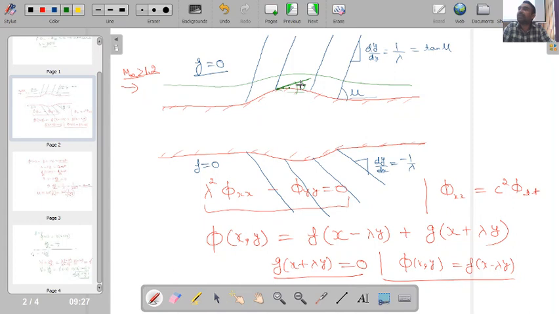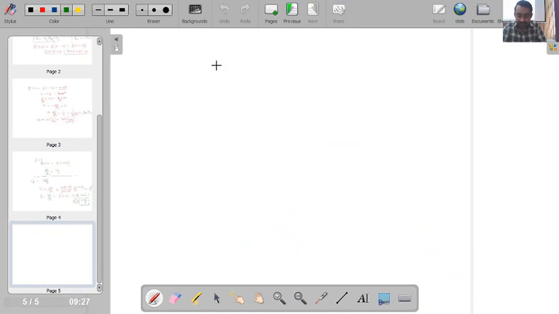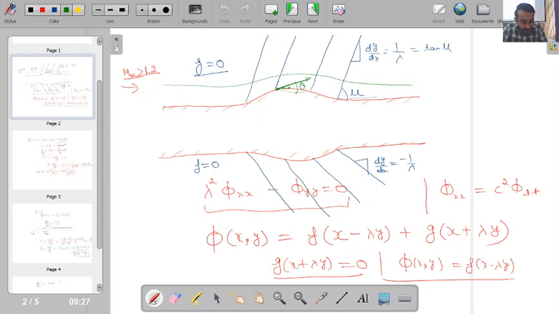So tan theta will be nothing but, from the previous lecture, have you forgotten? dy by dx at any point on the wall will be equal to tan theta, and that will be equal to, this is my velocity vector, it will have two components, V infinity plus Vx dash, and this component will be Vy dash.